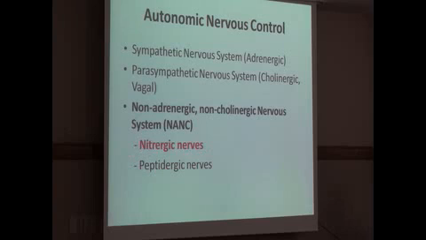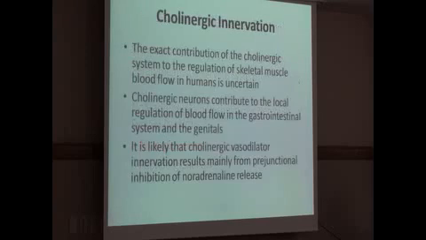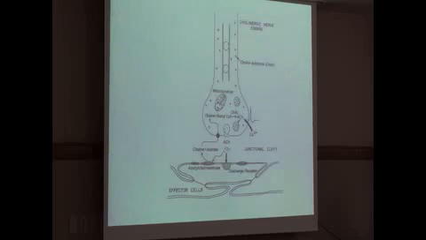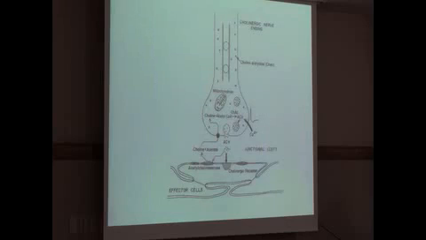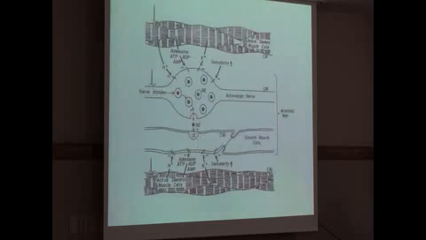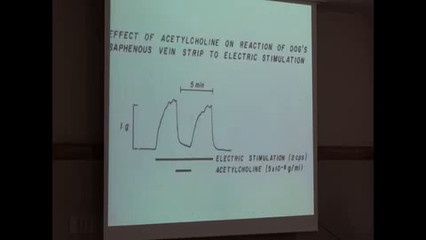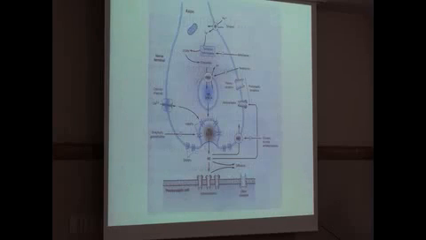Now, actually, if you remember some of the slides that I already showed you, of those co-transmitters, as we call them, here you see substance P, and in the one that I showed you before, you see peptides again.